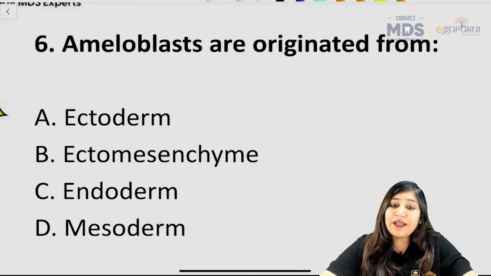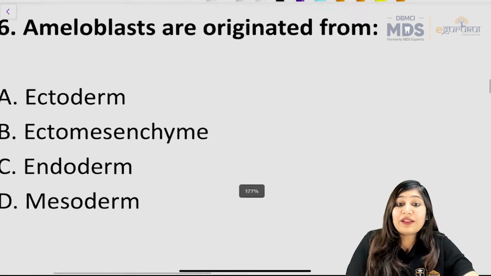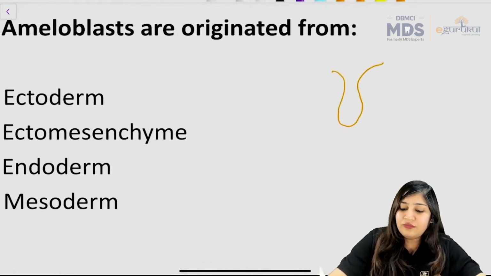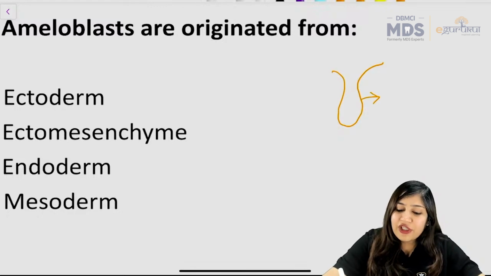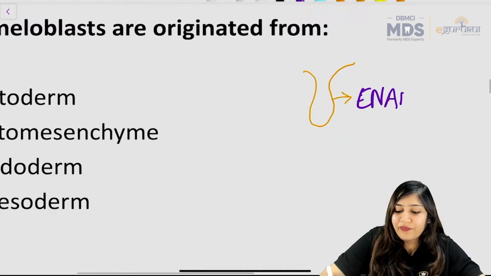Right? But here we are asked about ameloblasts. So basically a tooth arises from three structures. Which are the three structures? Enamel organ.